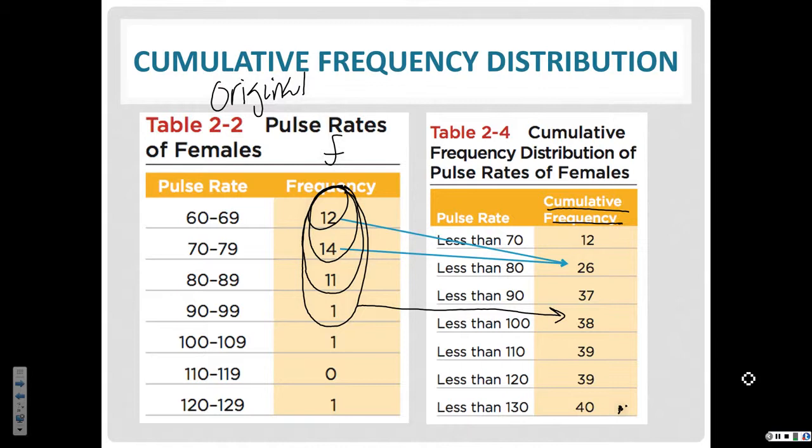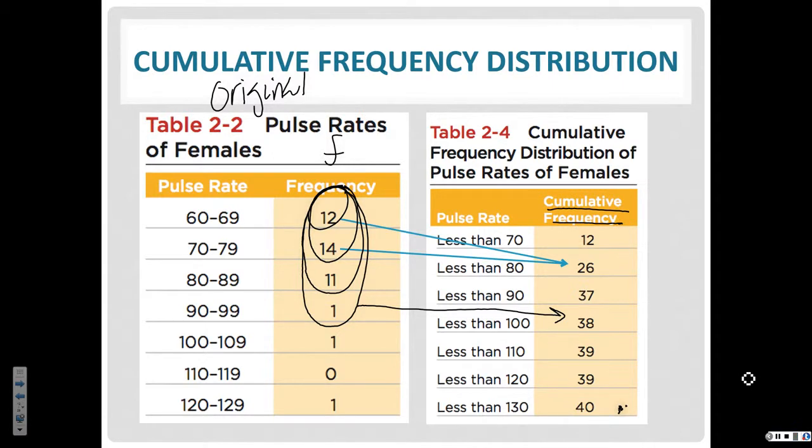Your total sample size number better be this last number, because by the time you get here, you have used all of your what? All your data, right? That's a good checking way for you. Make sure this last number is your total sample size, because by the time you keep adding on, that last class is the total number, right?